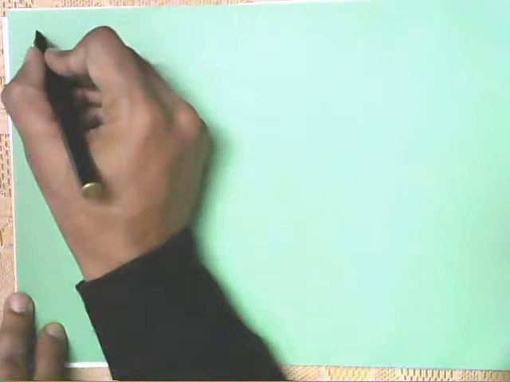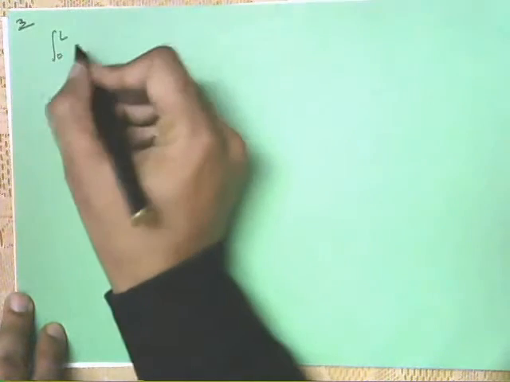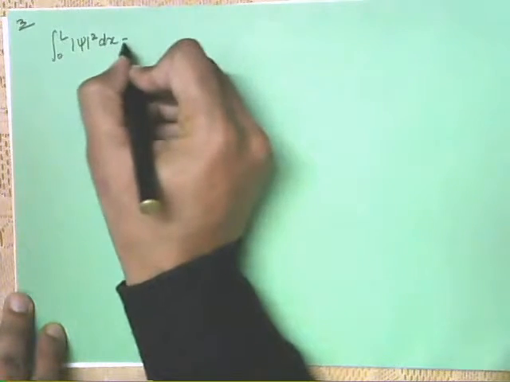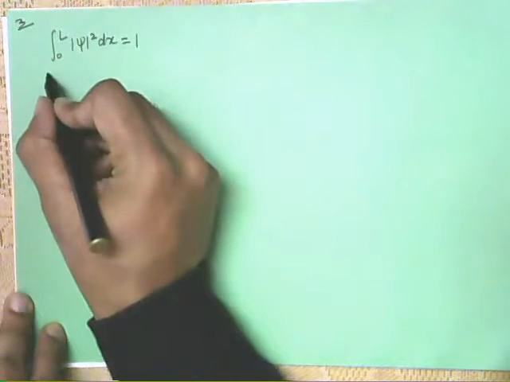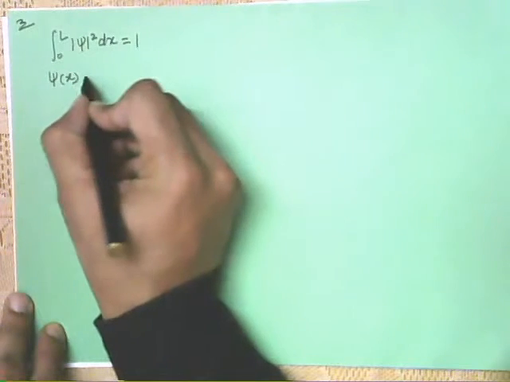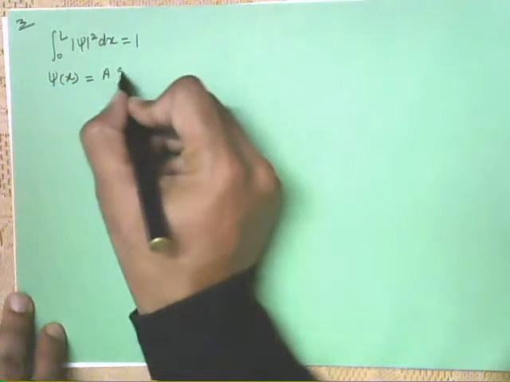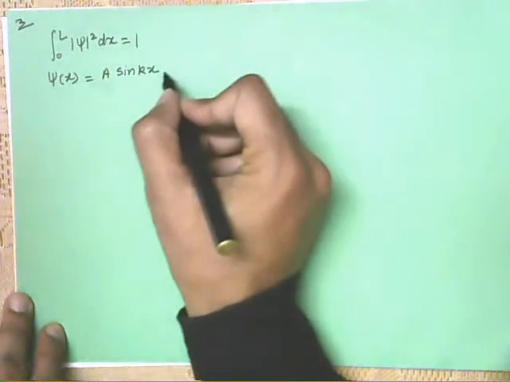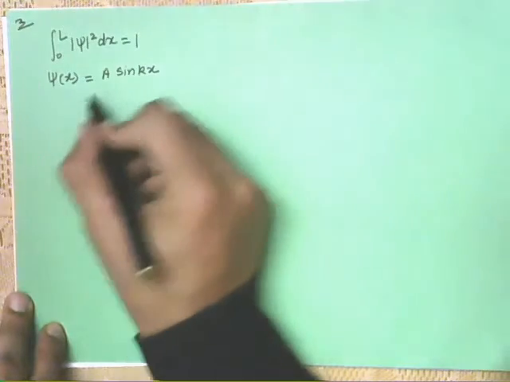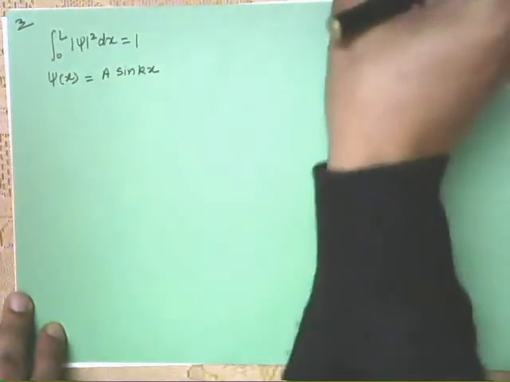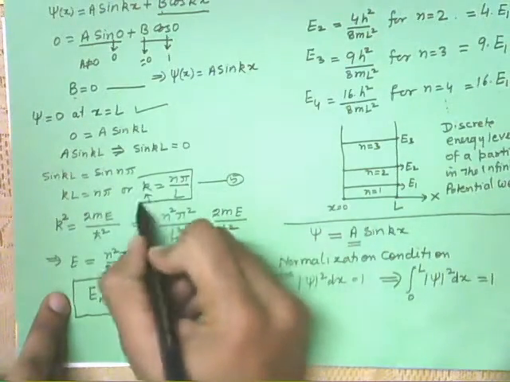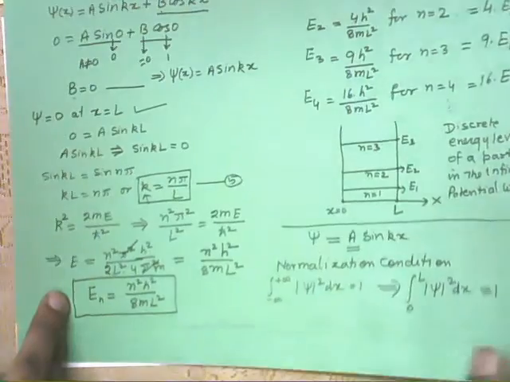The integration from 0 to L of mod psi squared dx is equal to 1, where psi x is equal to a sin kx, where k is equal to n pi upon L. From the earlier case, k is equal to n pi upon L.